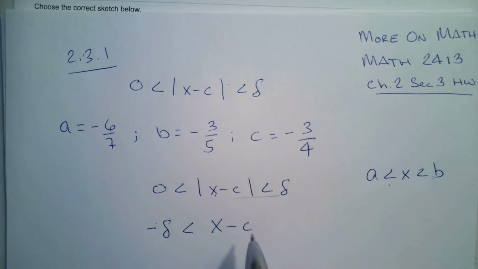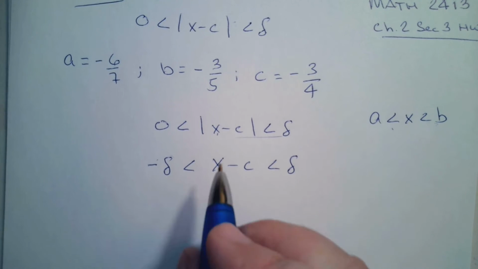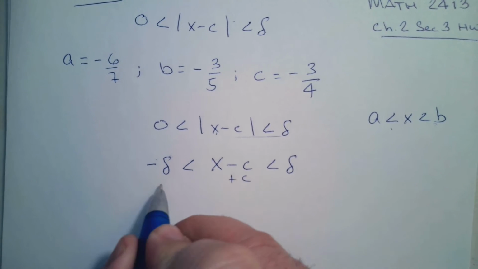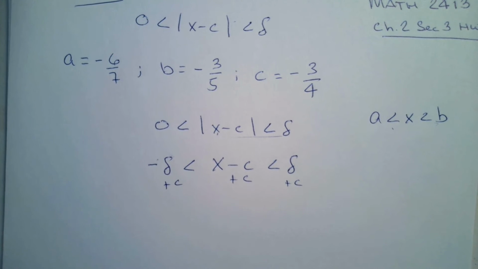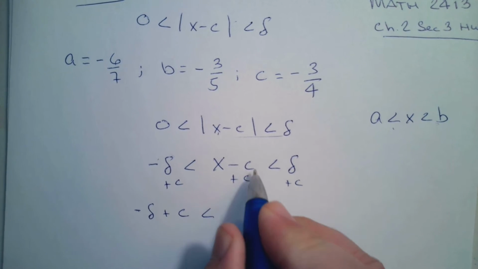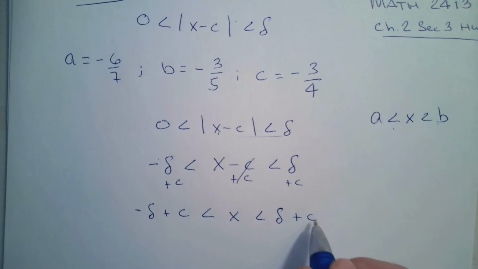We drop the absolute value signs, negative gamma is less than x minus c is less than gamma. Add c to everybody. So we have negative gamma plus c less than x less than gamma plus c.